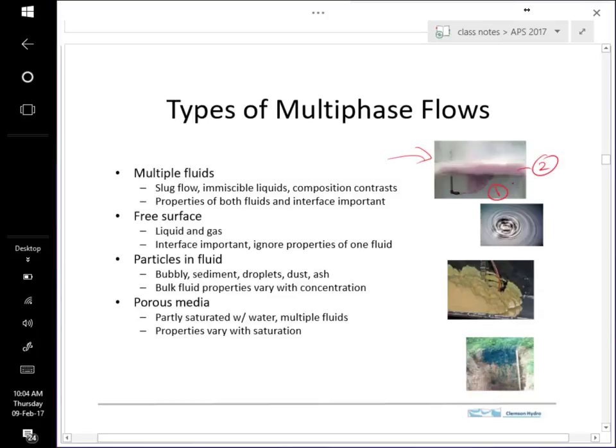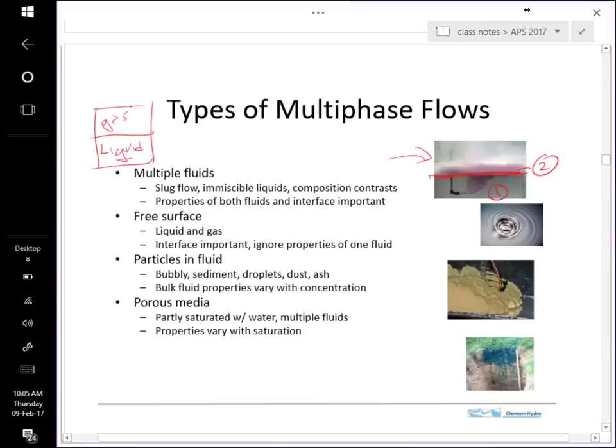They'll be separated, and there'll be an interface between them. Okay, so that'll be one type of problem that we'll want to deal with. A special case of that is where you have a liquid and a gas. Okay, so there are two fluids, different properties, and we might be interested in what's happening there.